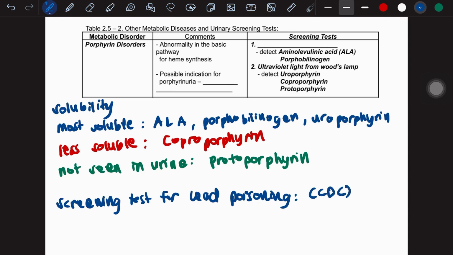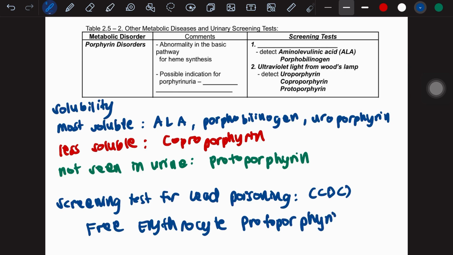It is the analysis of whole blood for the presence of free erythrocyte protoporphyrin or FEP. Again, the CDC recommended analysis of whole blood for the presence of free erythrocyte protoporphyrin is our screening test for lead poisoning.